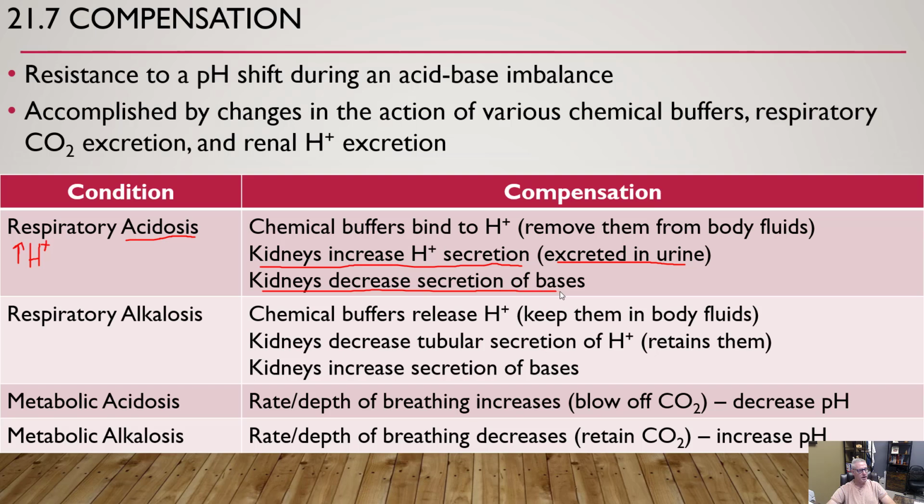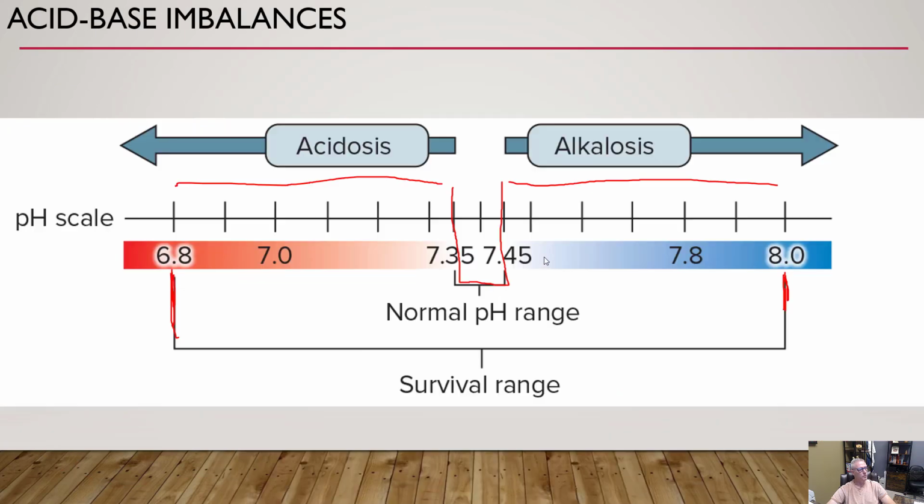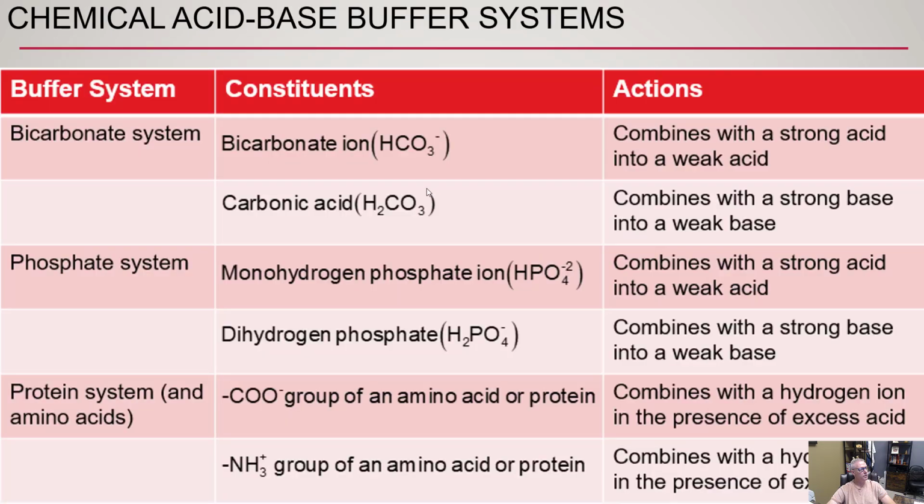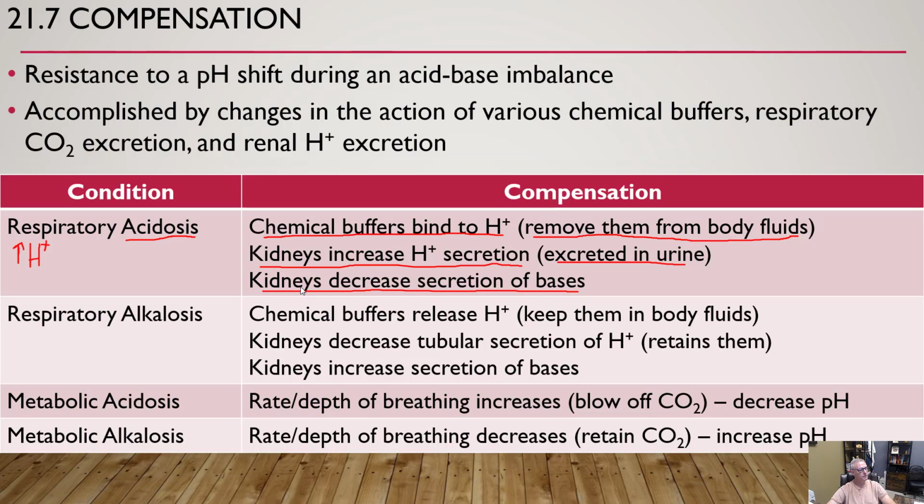The kidneys are not going to secrete the bases in the urine. The kidneys are going to hold on to the bases to help neutralize those acids. And then the chemical buffer system is going to bind those hydrogen ions to help remove them from the fluids. And remember, these are our buffer systems: our bicarbonate, phosphate, and our protein amino acids.